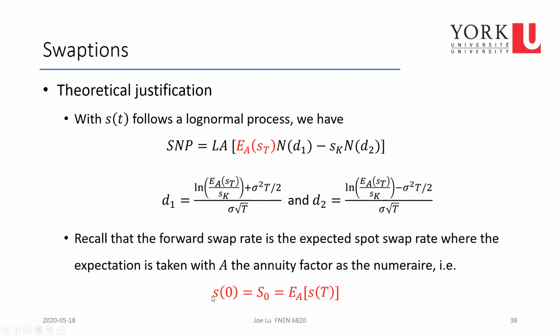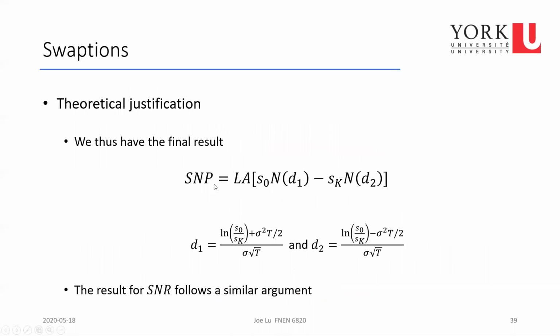Well, we know from the review that this thing is just the current forward swap rate. So the expected realized swap rate at maturity time T, using the annuity as the numeraire, is the current forward swap rate. So then you just substitute this forward swap rate to here, and we will have this formula here.